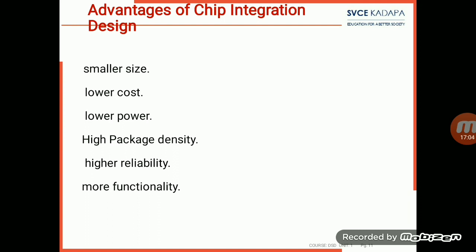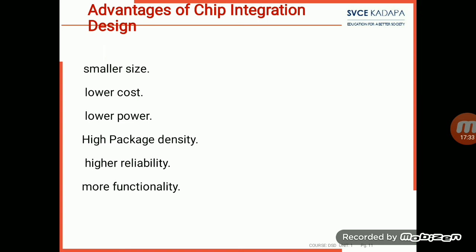Low cost, low power, and high package density, in the sense that in a small area we can include a larger number of ICs. That is called high package density. In olden days before ICs, if you wanted to design one full adder, it would occupy 10 centimeters. After IC technology, in 10 centimeters we can include millions of transistors.